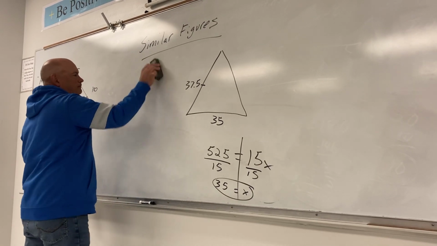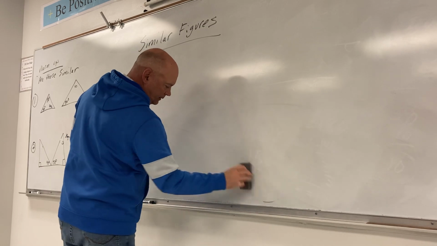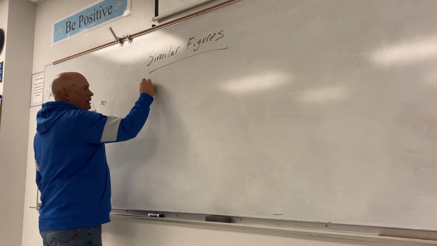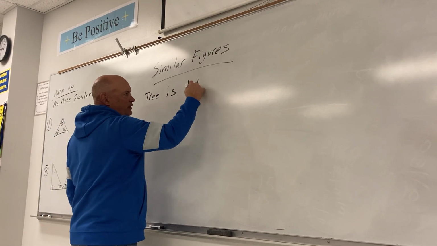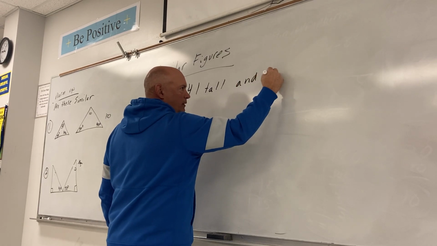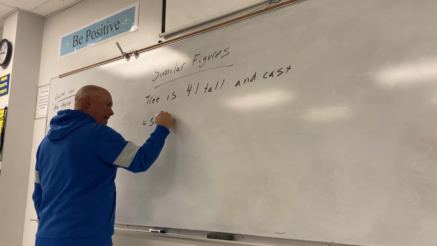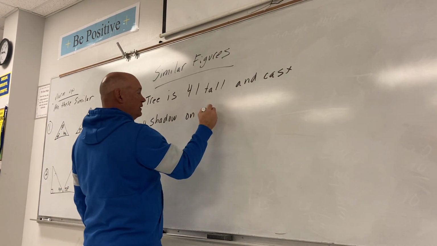Let's do a word problem. Let's say we've got a tree that is 41 foot tall and casts a shadow of 37 feet.